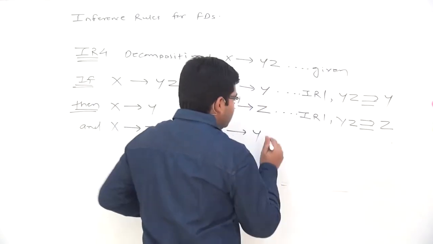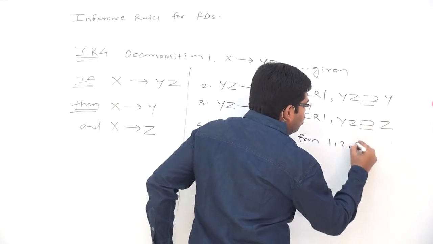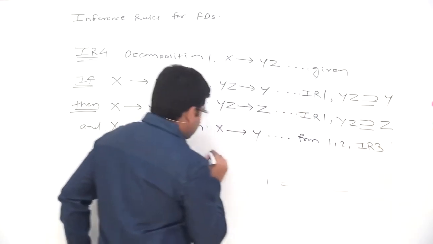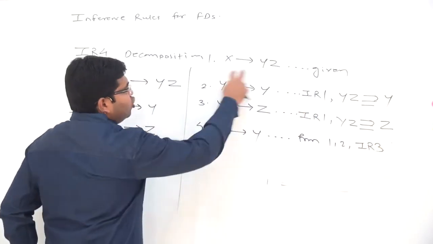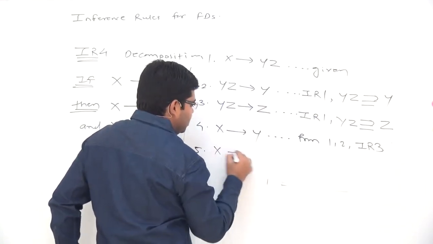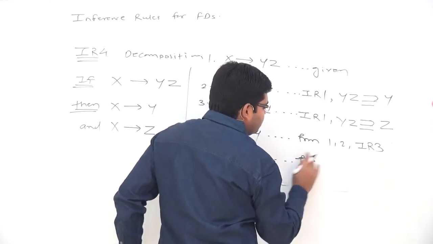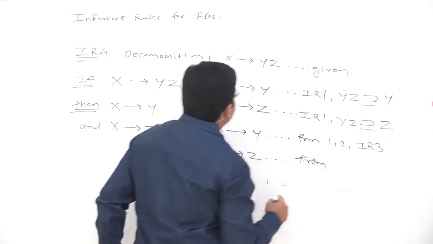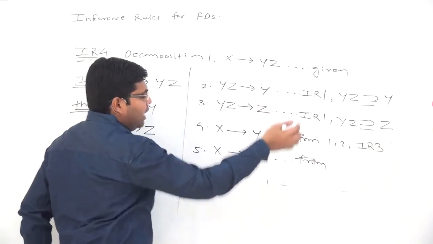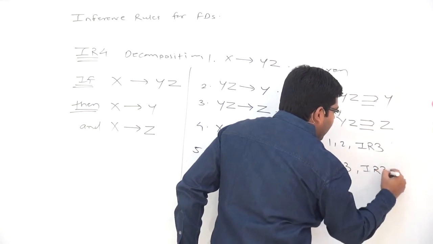So I can write it down here as from 1, 2 and IR3, and similarly X gives YZ, YZ gives Z, therefore we can write down X gives Z. Here again we can write down from 1, 3 and the transitive rule. So 1, 3, IR3.